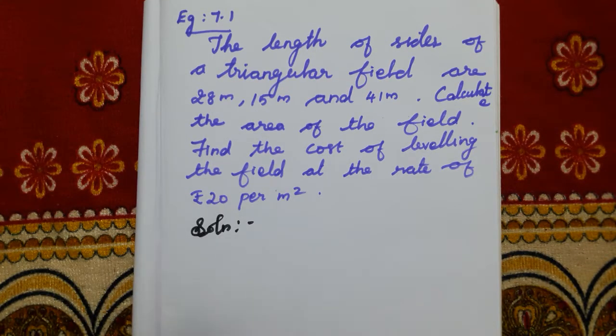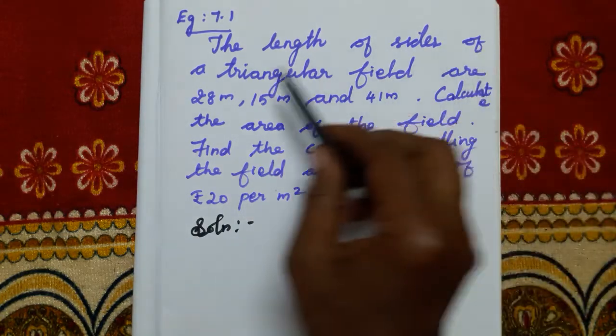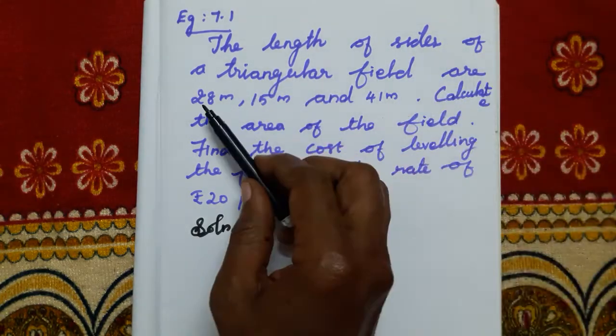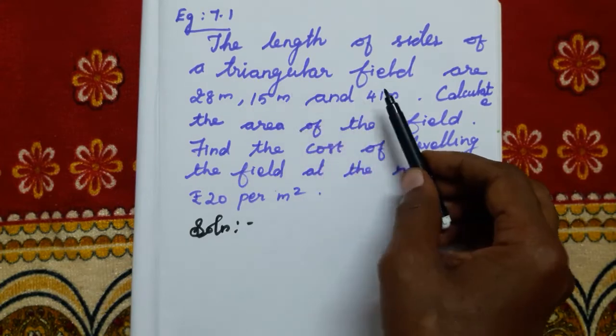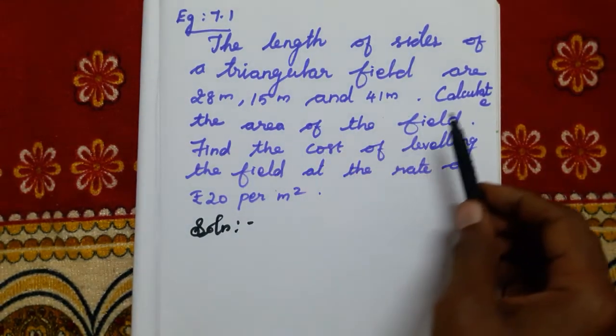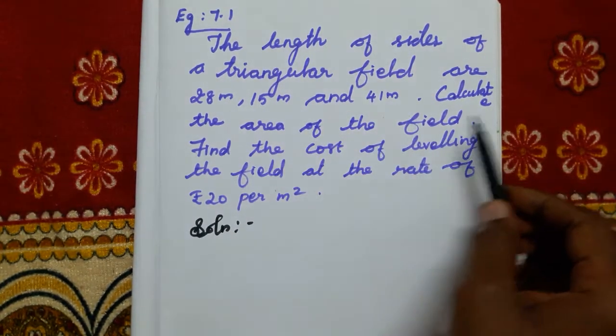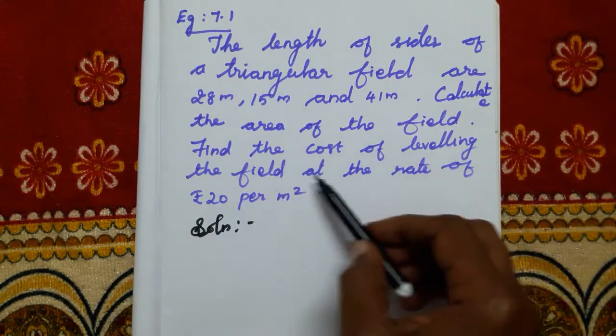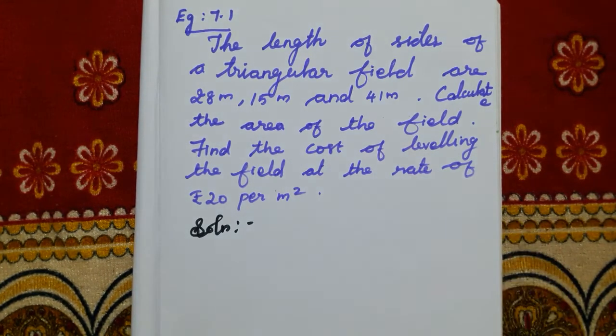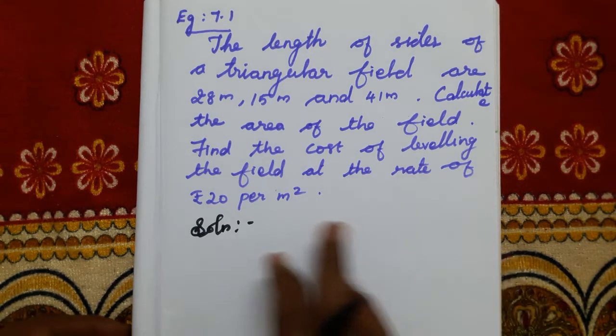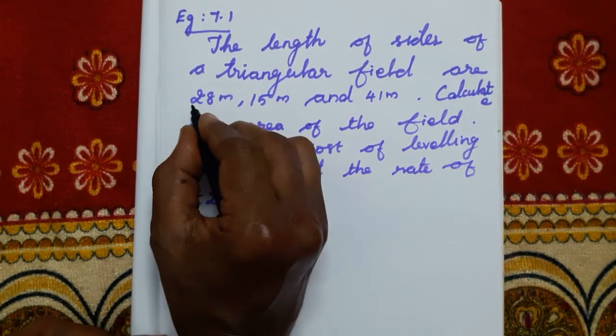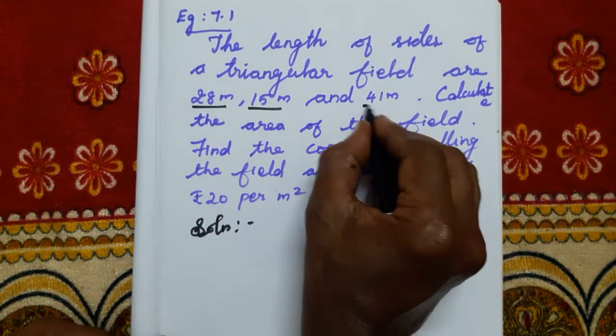Example 7.1. The lengths of the sides of a triangular field are 28 meters, 15 meters and 41 meters. Calculate the area of the field. Find the cost of leveling the field at the rate of rupees 25 per meter square. First we want to find out the area. We have already been given three sides.